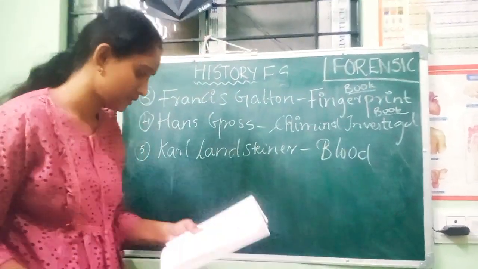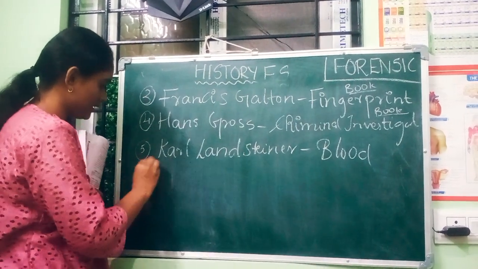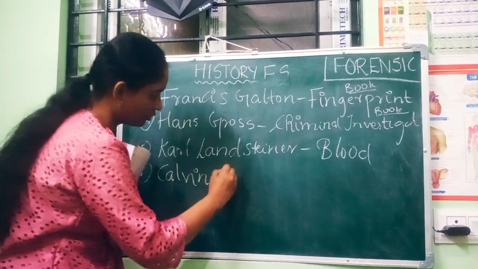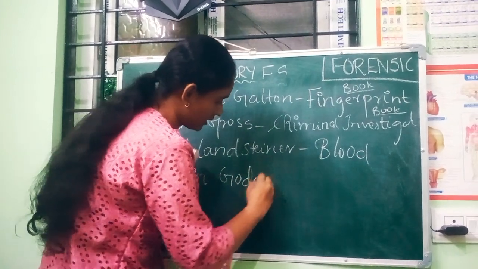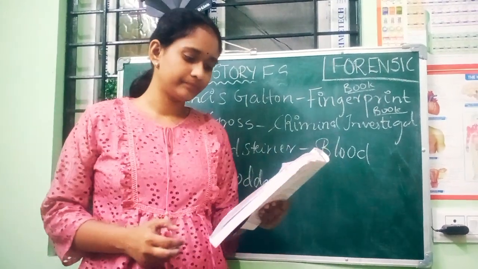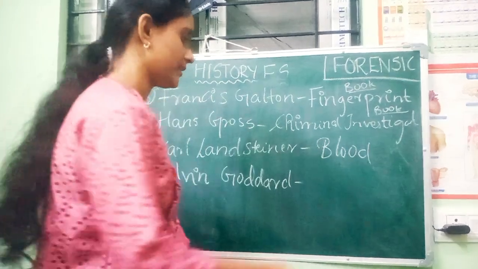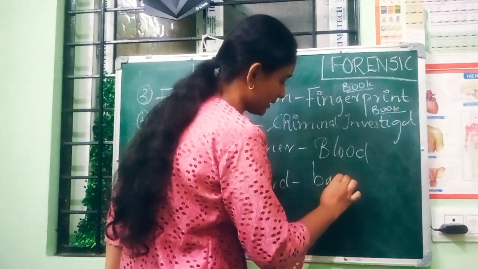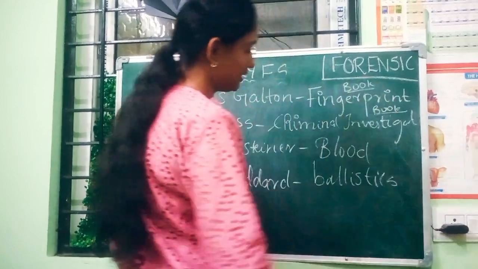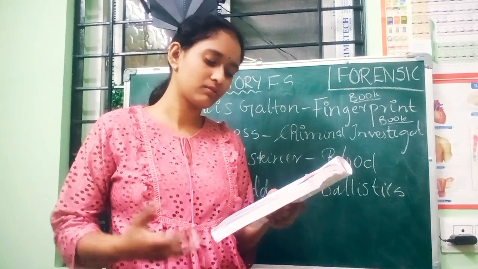Then we have Calvin Goddard, the sixth one. He specialized in ballistics. As I said, ballistics here means firearms ballistics. He is from the US and he advanced the science of ballistics.